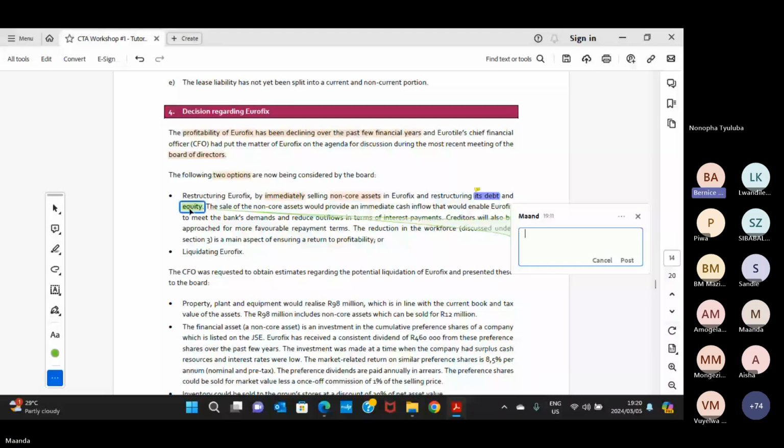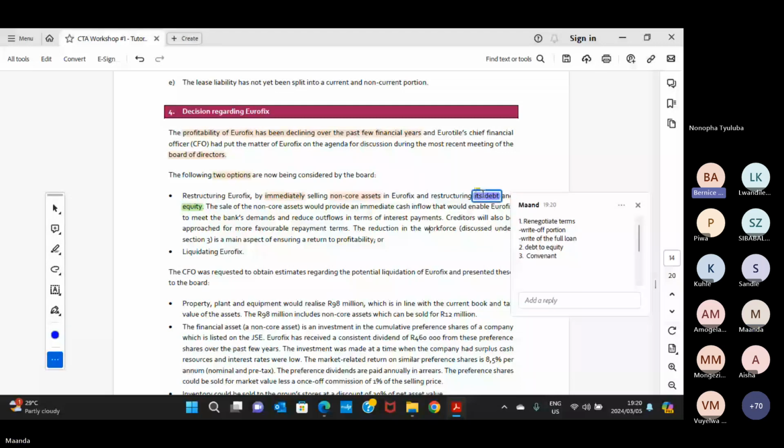Before you go to the equity, I wanted to ask about the restructuring of debt. I can see that we spoke about the renegotiation of terms, converting debt to equity. I don't know if I'm allowed to think this way, but I just wanted you to help me with the thought process.